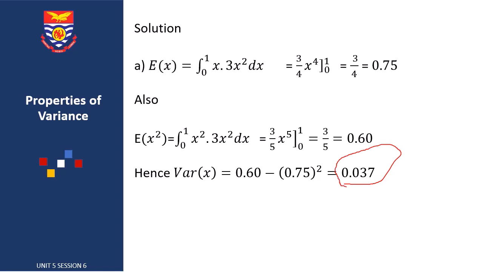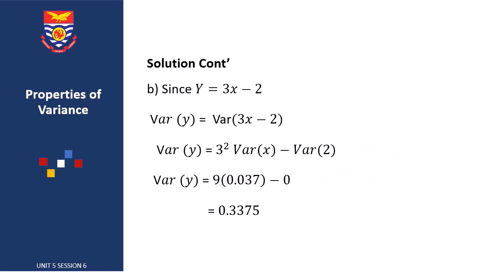Now look at part B of the question. We are given Y as an expression in terms of X: Y is equal to 3X minus 2. We have to find the variance of Y. So the variance of Y will be equal to the variance of 3X minus 2, which is 3 squared multiplied by the variance of X, minus the variance of 2.